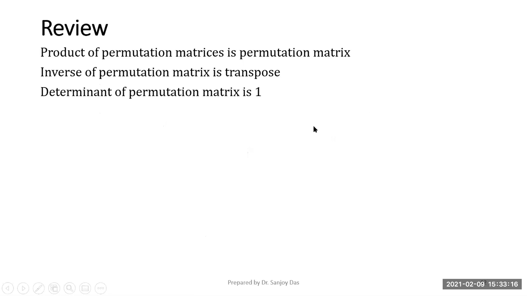Determinant of a permutation matrix is 1. And this is PLU decomposition. We rearrange the rows of A, which is equivalent to pre-multiplying it with P prime, where P prime is a permutation matrix, and then applying LU decomposition. So P prime A equals LU, whence A equals PLU, where P equals inverse of P prime.